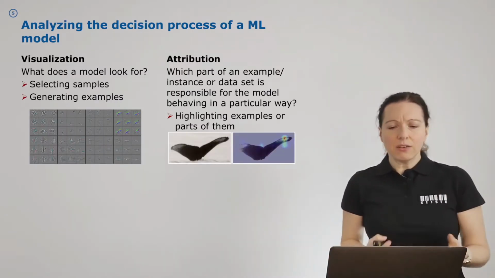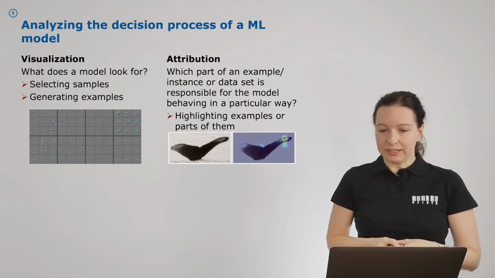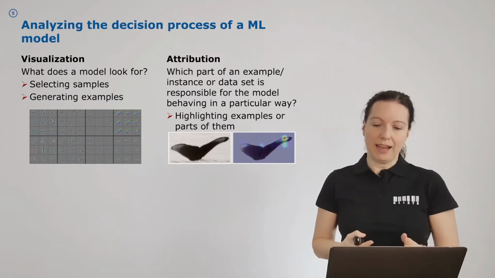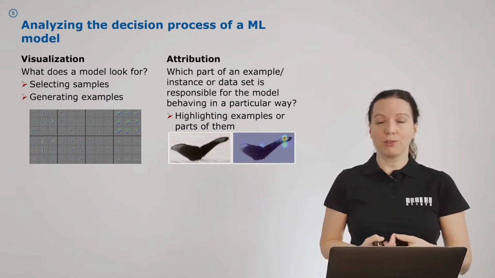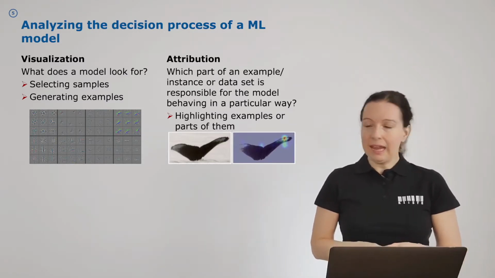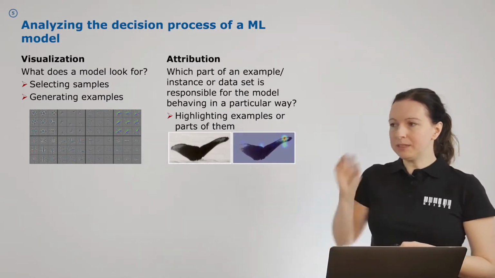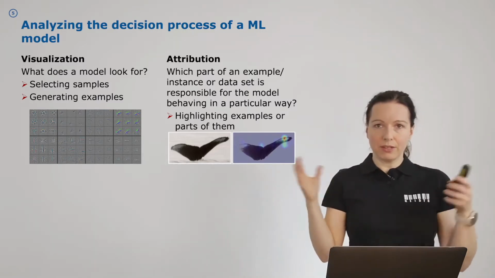Okay, so as already mentioned in the last lecture, there are two major active research directions to get insights into a decision process of a machine learning model. And for today, I adapted this illustration a little bit.